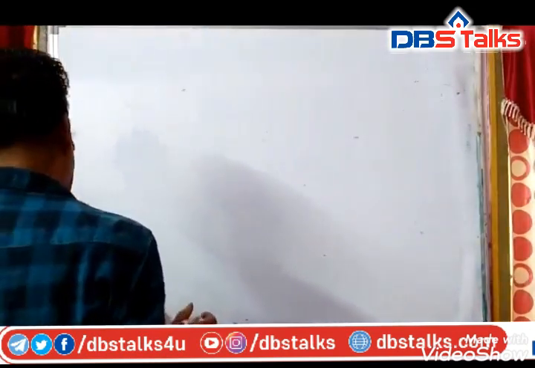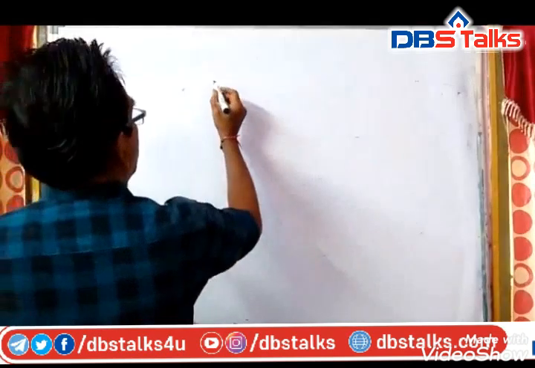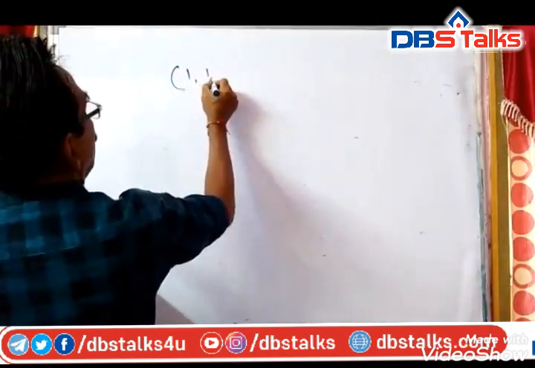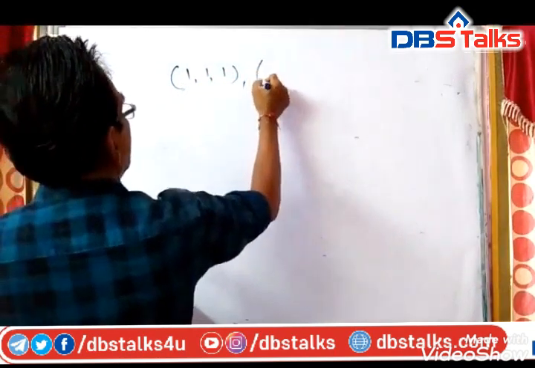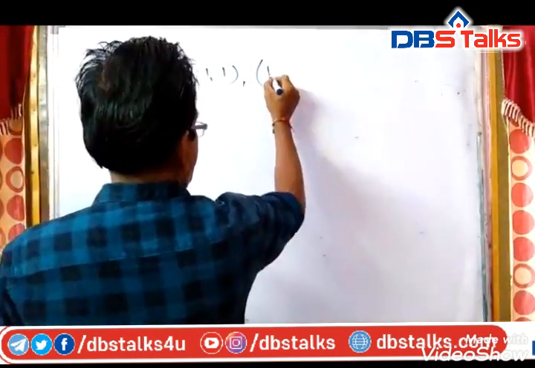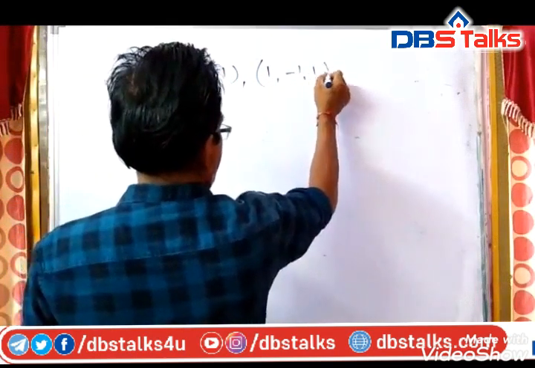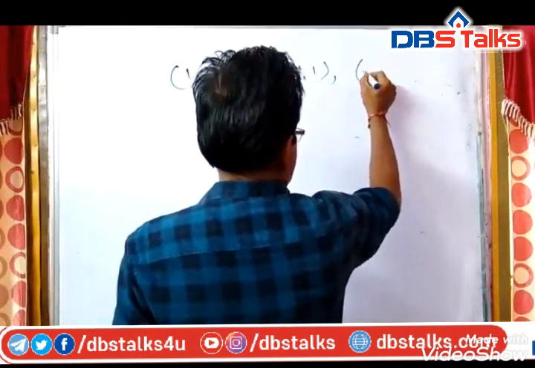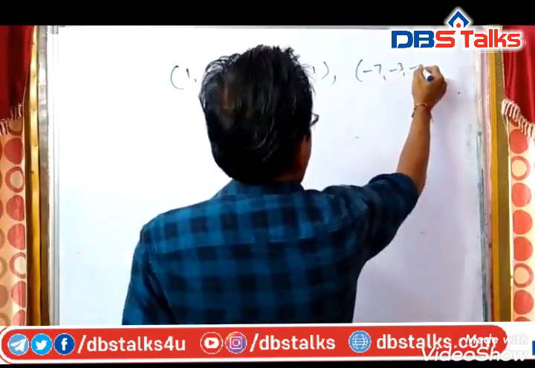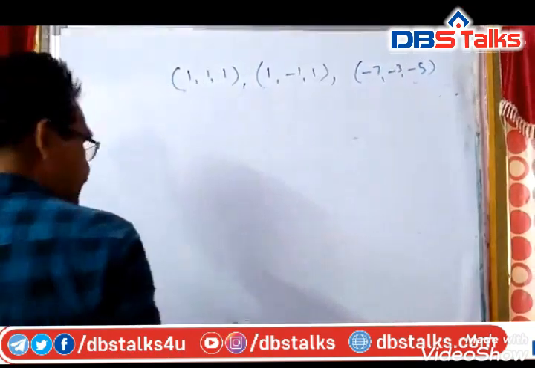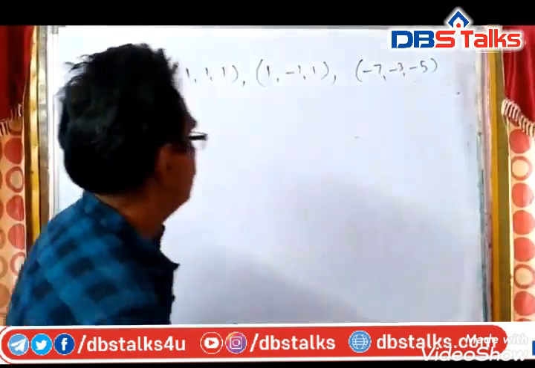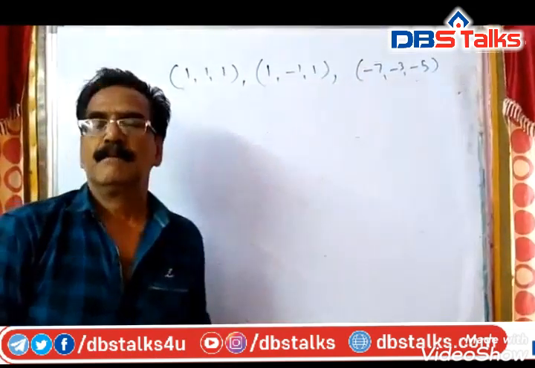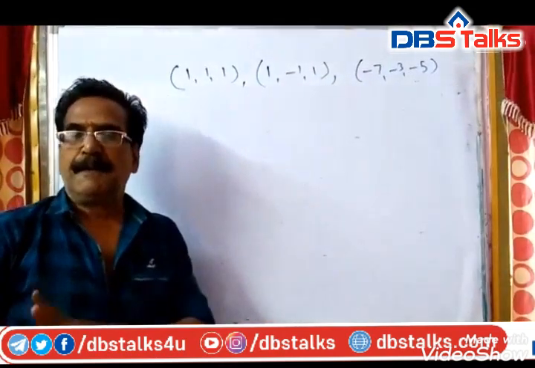The equation of the plane passing through (1, 1, 1), (1, minus 1, 1) and (minus 7, minus 3, minus 5) is perpendicular to which plane?